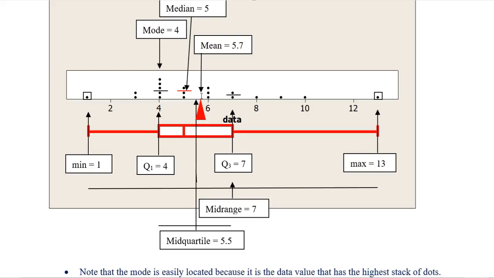That would be the median, but it's the middle in the sense that it's the same distance from the top and bottom. Same way the mid-quartile is the same distance from Q1 to Q3. So you can see all of those things showing up there on the dot plot.